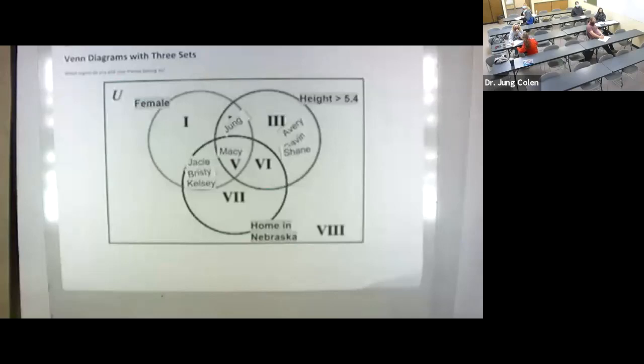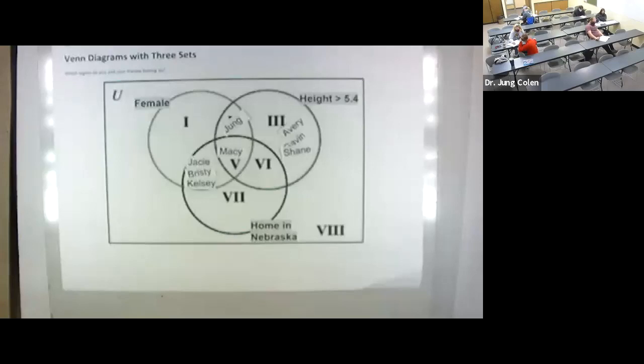I mean, it's actually 5 and 6. But 6 is empty, so yes, just Macy. So for this one, it's Macy. A complement. Who are they? It's boys, right? So Avery, Gavin, and Shane. It's a union, so we need to include all of that because it's or, right? So yes, we need to do all boys and Macy.